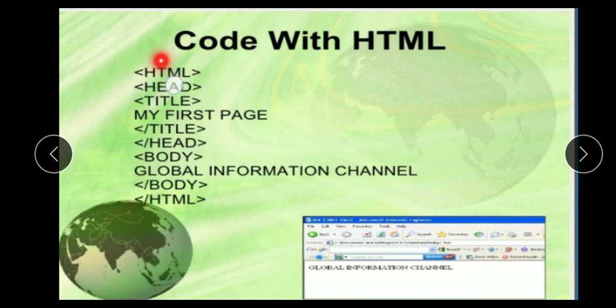First, open HTML, open head, open title, then write the title name, and after that close the title, close head, and then open body. When you see different pages on the internet, all these contents are written within the body. Here is the title name, and it shows in the blue strip.